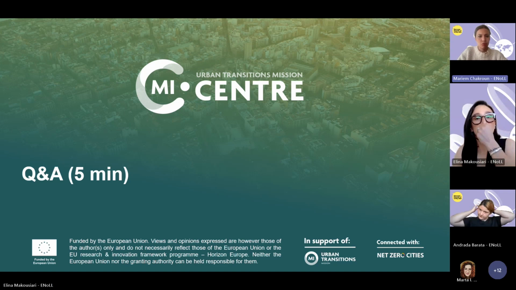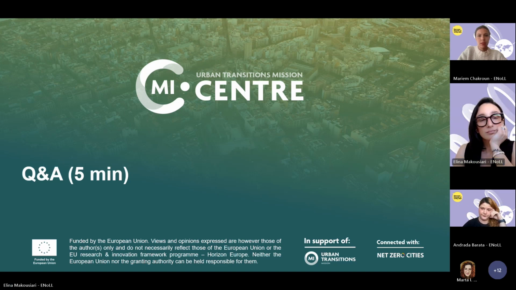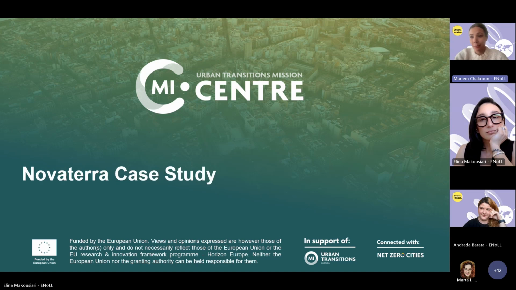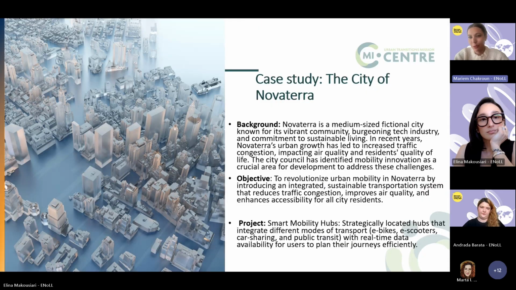Yeah, so now let's move to the hands-on exercise. We came up with a fictional city because there are not enough on Earth, so we came up with a new one.